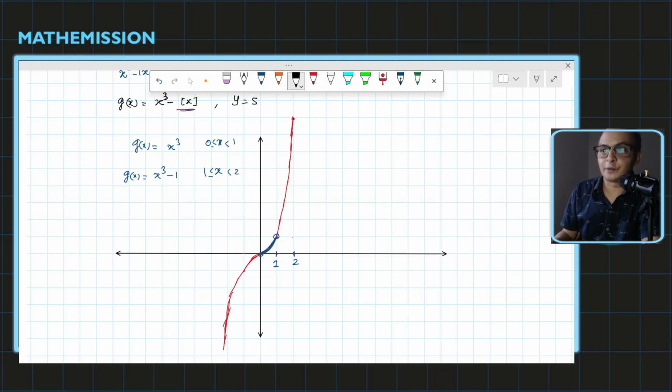I have to drop it 1 unit down. It means now this will start from here, and where it stopped at 8, the graph I'm looking for will stop at 7. So at 2, it will become 7. So it will stop here, and the graph will look like this.